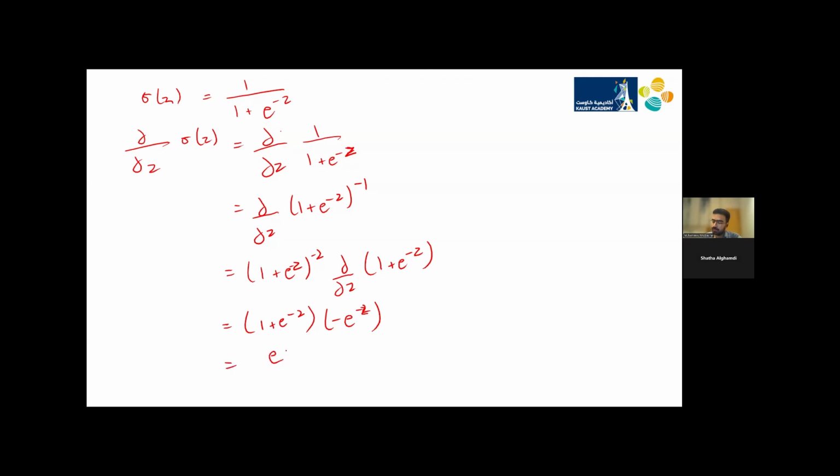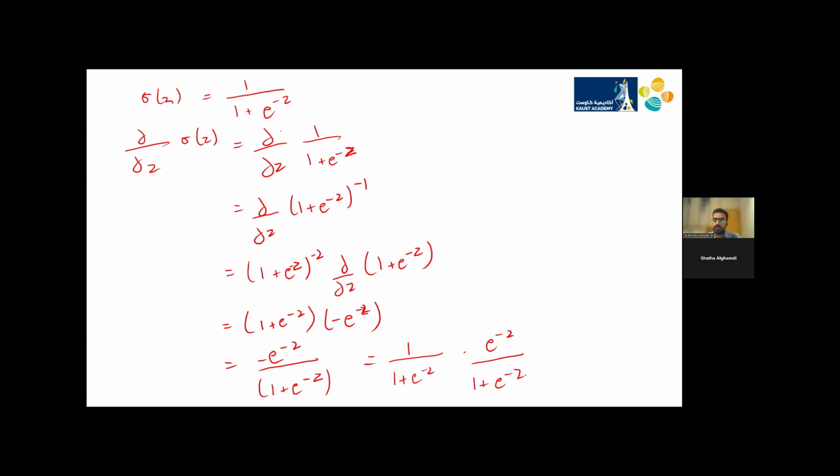Further simplifying, we take this back to the denominator and separate it out: e to the power minus z over 1 plus e to the power minus z, times 1 over 1 plus e to the power minus z. Everyone happy with this?